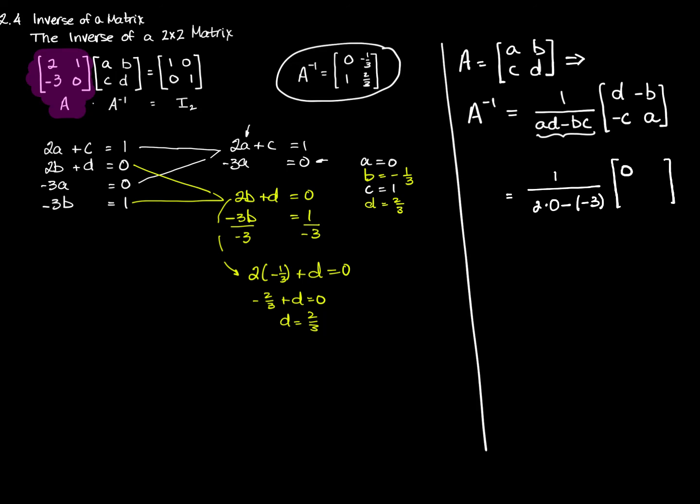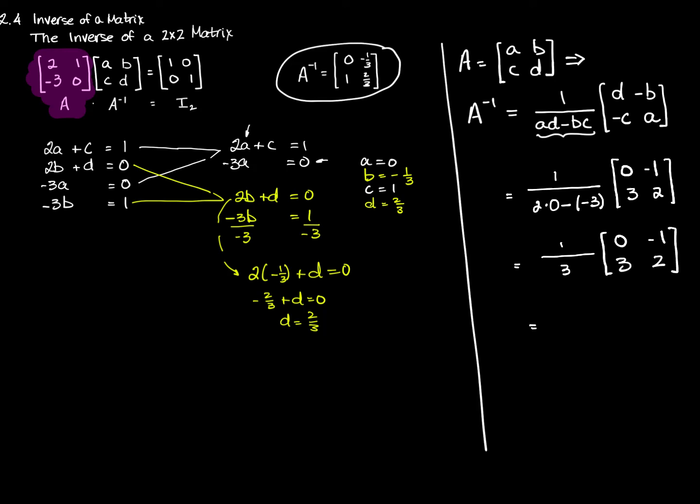D was 0, so that goes there. A was 2, so that goes there. B was 1, that becomes -1. And C was -3, and so that becomes +3. This is 1 over 0 plus 3, so 1/3, times the matrix 0, -1, 3, and 2.